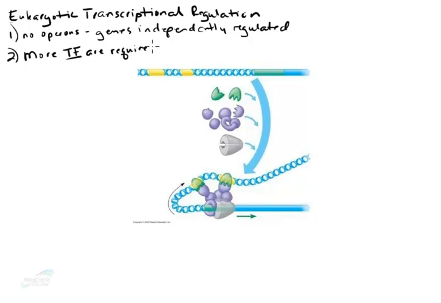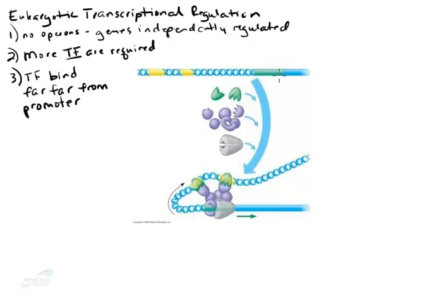So rather than just having one or two transcription factors regulating a gene as we see in prokaryotes usually, in eukaryotes we can have literally dozens of transcription factors that are interacting to regulate a given gene. Another thing that's different about those transcription factors is that rather than interacting right at the promoter, they tend to bind to DNA sequences that are far from the promoter.